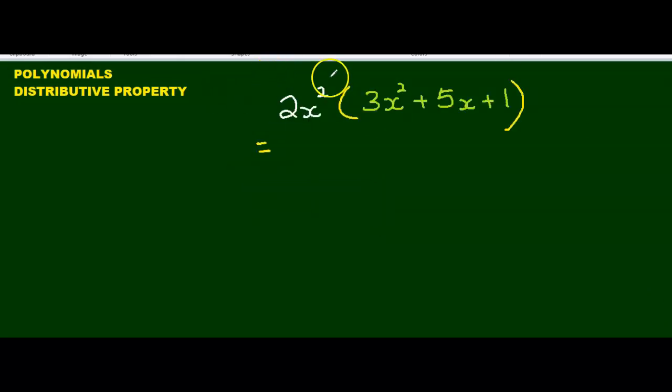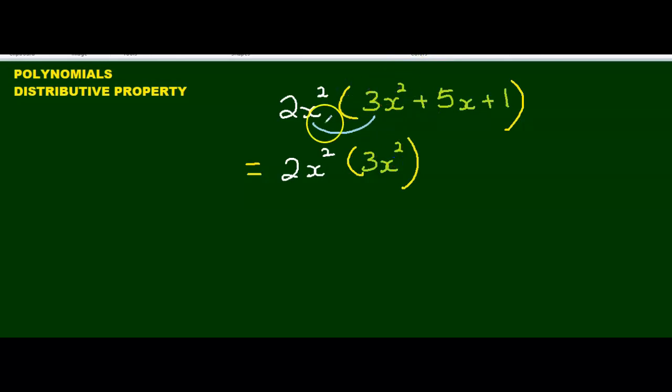Let's try something a little bit more challenging. Now we have 3 terms in our parentheses, but we still do the same thing. The method never changes. So we're going to multiply the term outside our parentheses, which is 2x squared, times 3x squared.